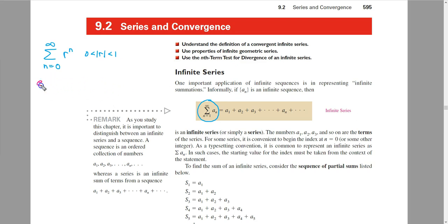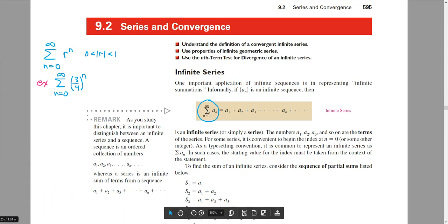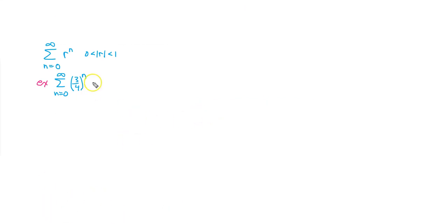So for example, what would be the summation like this, 3/4 to the n power. So remember, that is equal to, let me give myself a little more room here, that's equal to this, and we just continue like that.